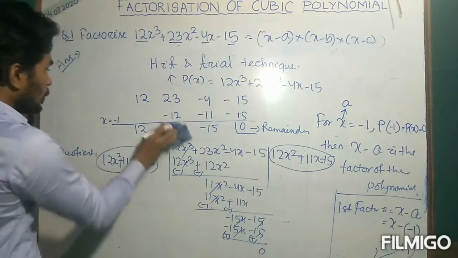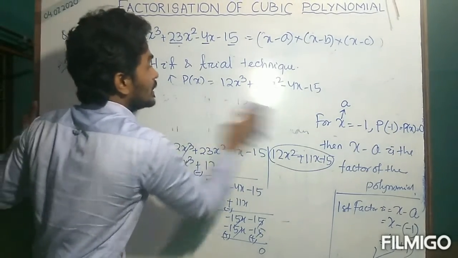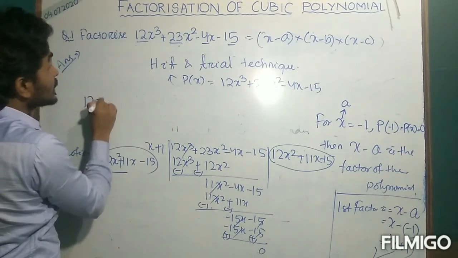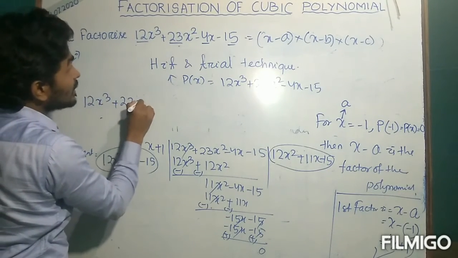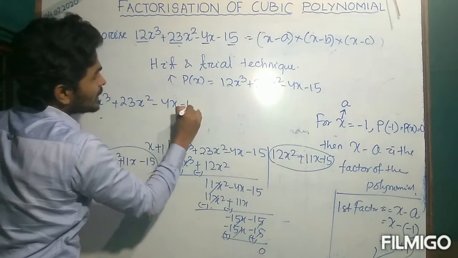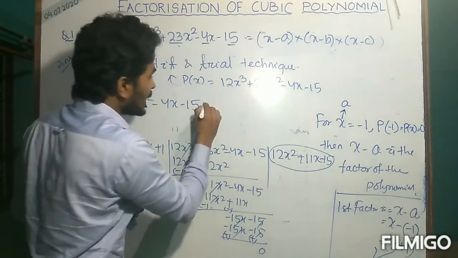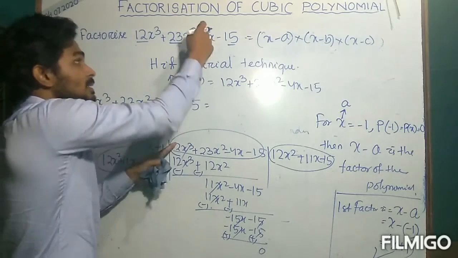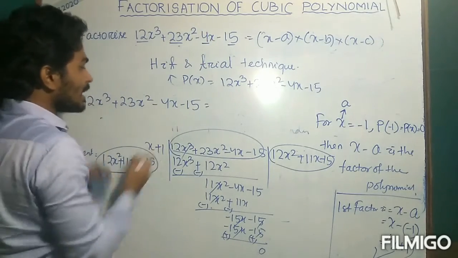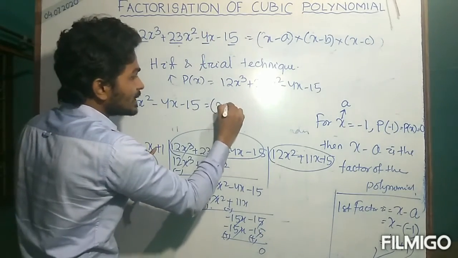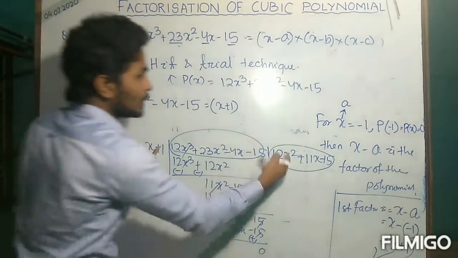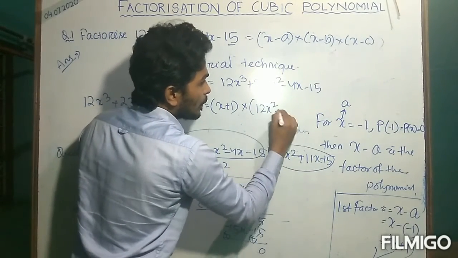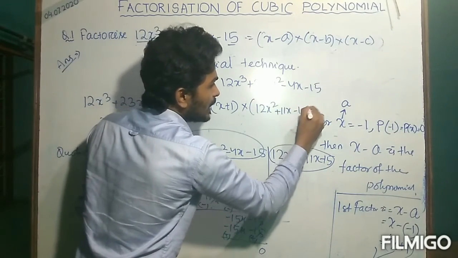Now we can write this cubic polynomial 12x cube plus 23x square minus 4x minus 15, this is the dividend, as the product of x plus 1 into the quotient 12x square plus 11x minus 15.